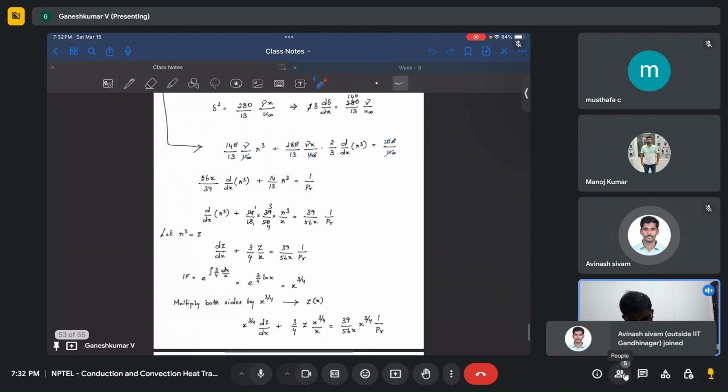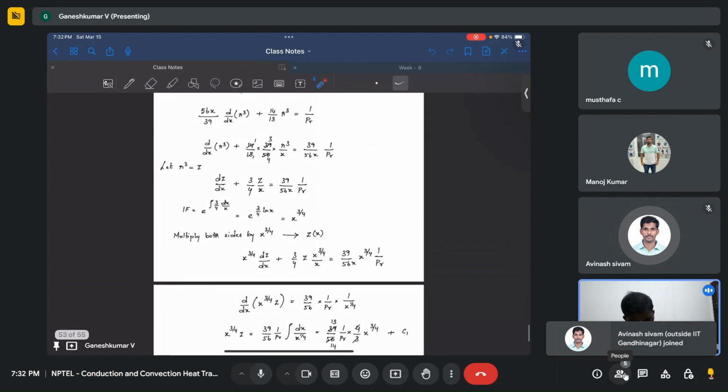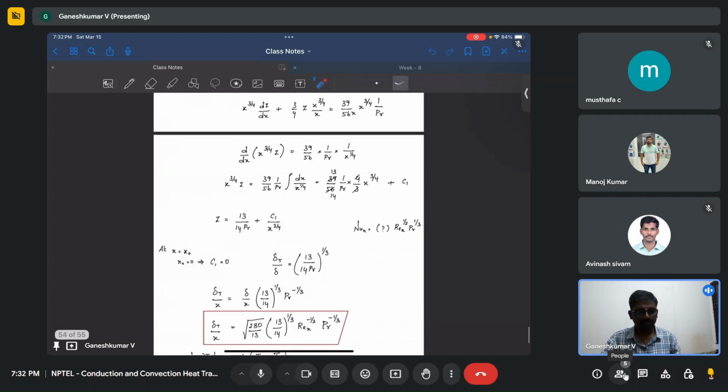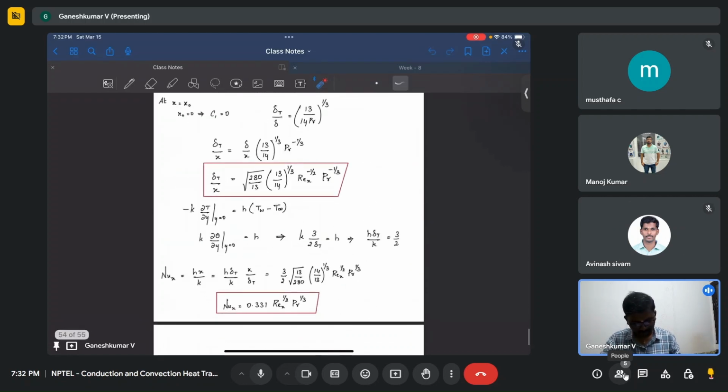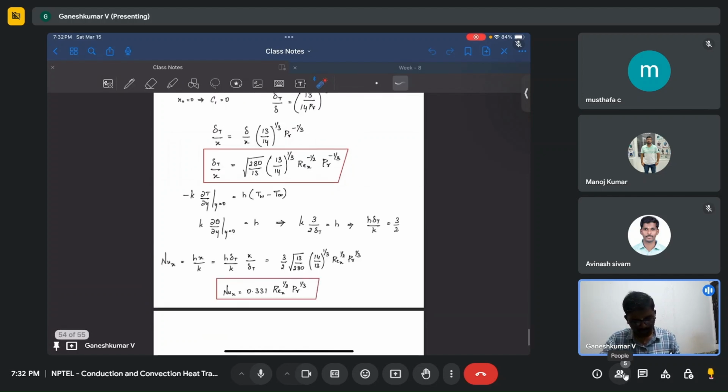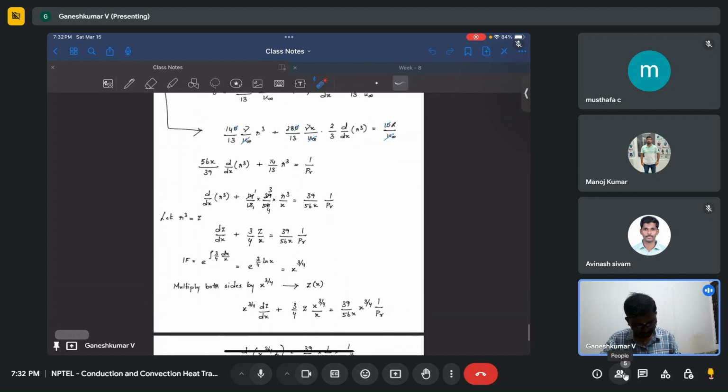And then you simplify it, and I think the professor stopped here. Multiply both sides by z of x, and you will end up having the relation. So I carried on, but I'm not going to show you. You also carry on, and you will end up having the Nusselt number to be 0.331 Reynolds number power half and Prandtl number power one-third. Okay. So you perform this homework exercise, whatever the professor said.